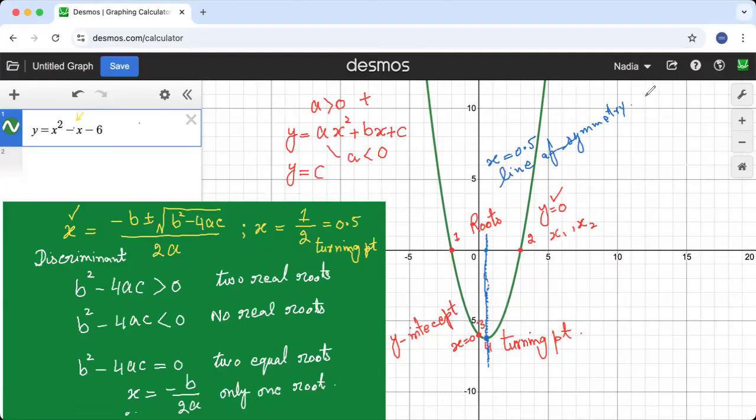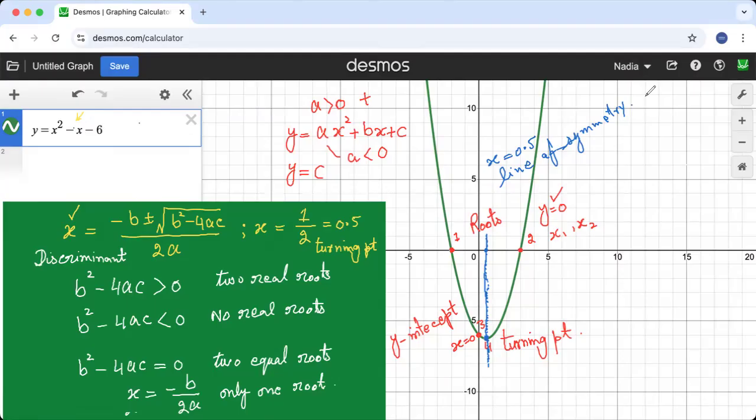So this is, you can say, the magic of the quadratic formula. We must learn this quadratic formula in this way, so that it can explain to us the nature of the roots, and also the turning point and the axis of symmetry.